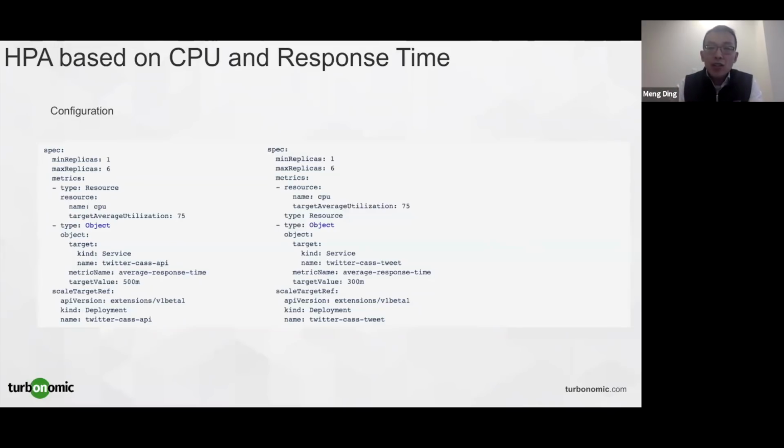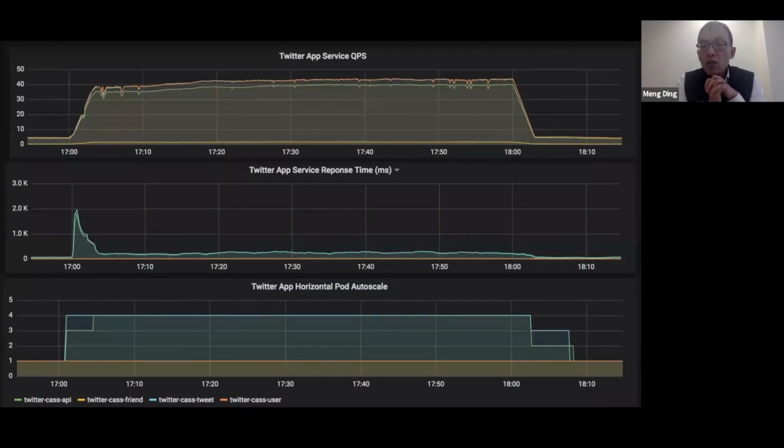So as you can imagine, with all these implemented, we are able to achieve the best results out of the 3. First of all, when the constant load increases at 1700, we see, of course, a sudden spike of response time, but because of the response time based HPA, the number of pods spins up very quickly.